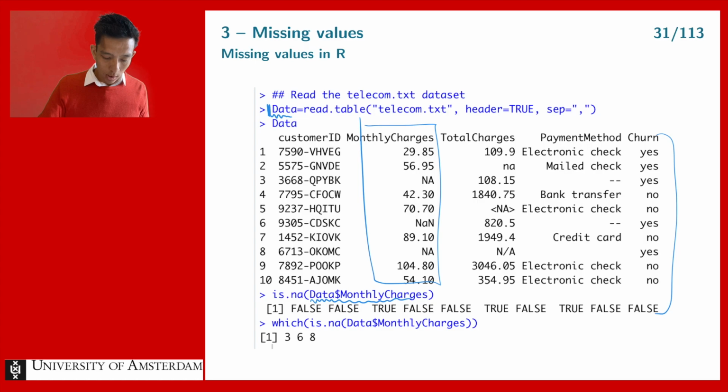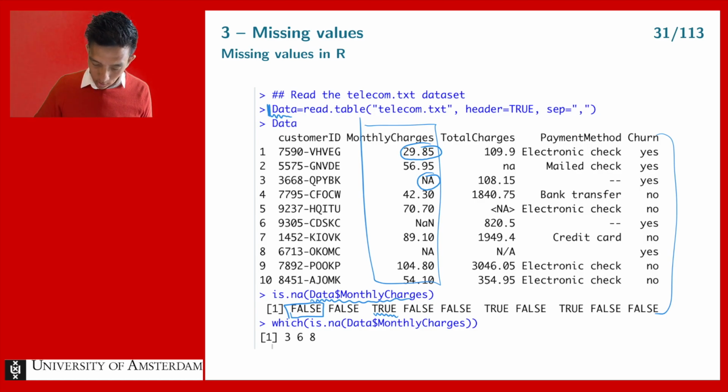For example, the first element is FALSE because indeed, for my first customer, I have a correct number for monthly charges. So there is no missing value. The third value is TRUE, it's this one. Indeed, it's a missing value.